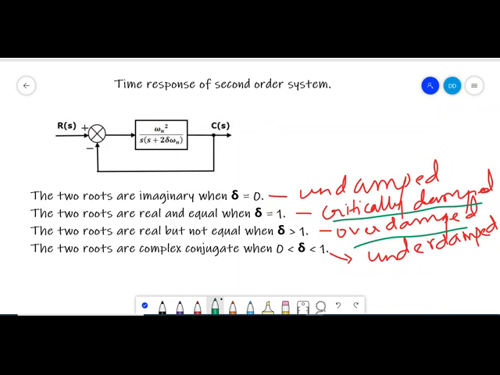In the underdamped case, it oscillates and then finally settles to a steady state value. Now we will obtain the step response of this second order system for delta equal to 0, delta equal to 1, delta greater than 1 and delta which lies between 0 and 1.